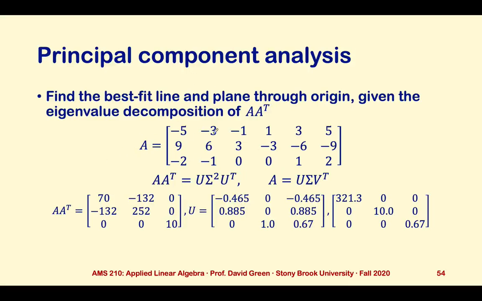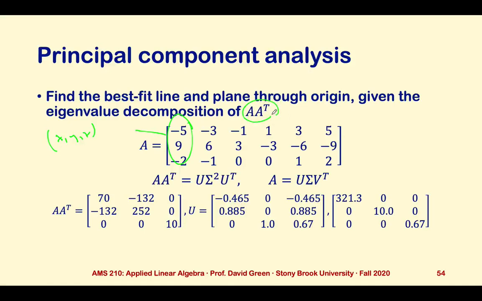A consists of, in this case, 6 columns of 3 values each. We can think of each one of these as an X, Y, Z, a set of points in a 3-dimensional space. We have 6 points in some 3-dimensional space, and we'd like to know what is the best line through those points, what is the best fit plane through those points, and so on.